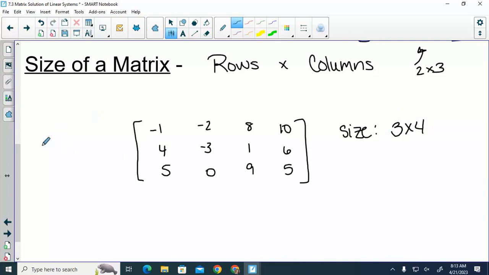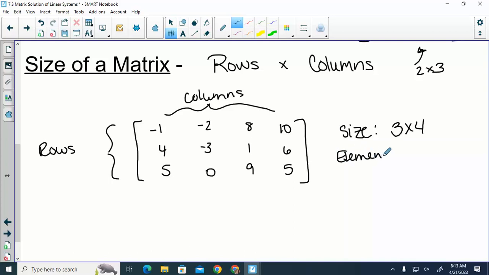Your rows are your horizontal, columns are the vertical. Okay. If I asked for the element in, let's say, row 3, column 2. So, row 3, bottom row, column 2, that would be a 0. Everybody see that?